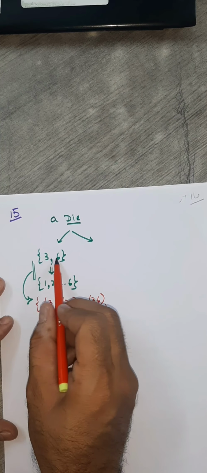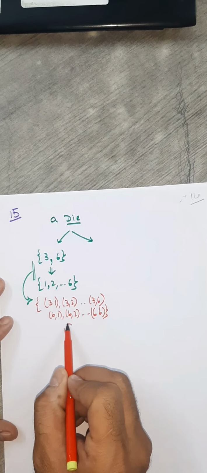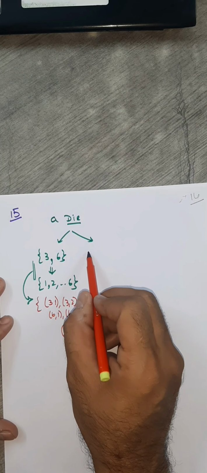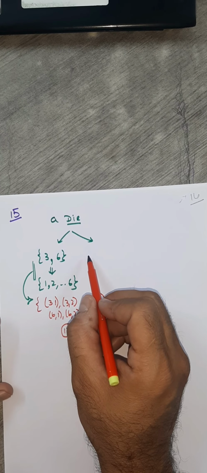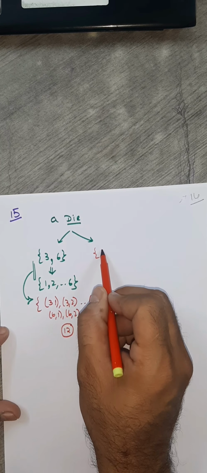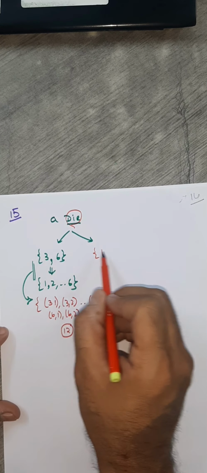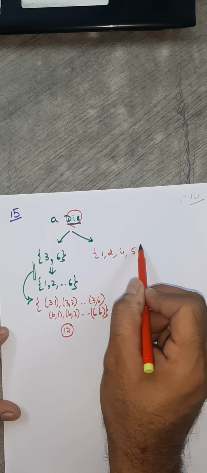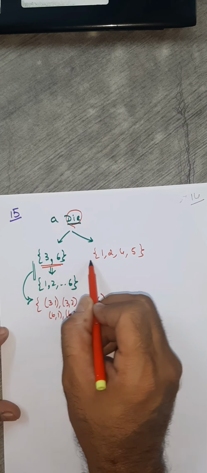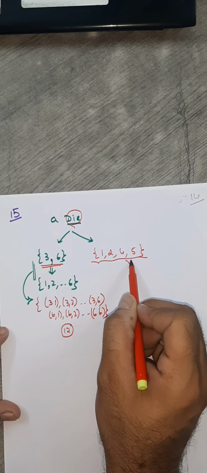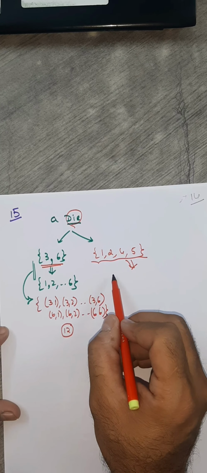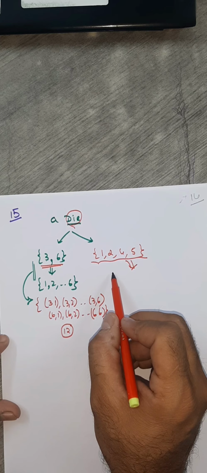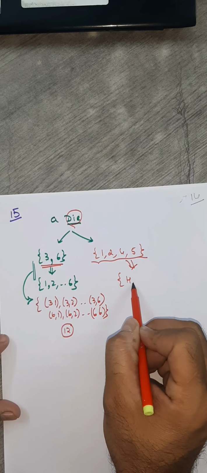So here 2 into 6, 12 outcomes. Read further. If any other number comes up, what are the other numbers when you throw a die? 1, 2, 3 already taken, 4 and 5. 3, 6 already taken. These are the remaining. Then what do we do? Read the question: toss a coin. So in this case, head and tail.